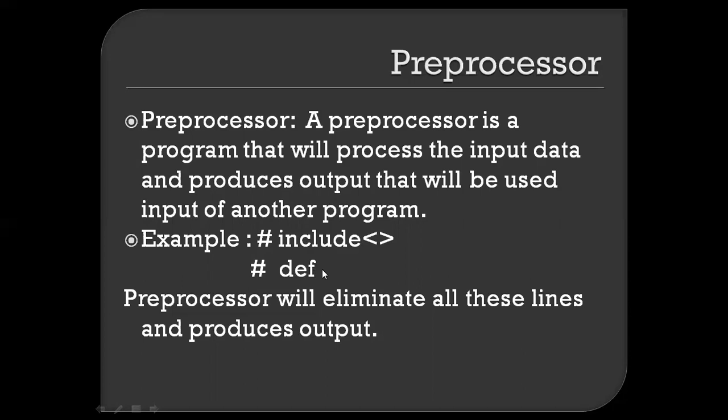And sometimes you use define, for example define pi as a constant equal to 3.14. That value will be included and these lines eliminated. So the preprocessor eliminates all these lines and produces the output.